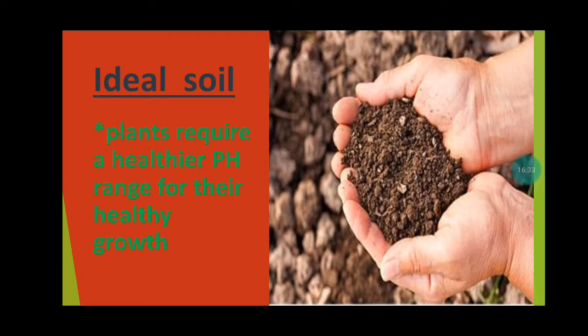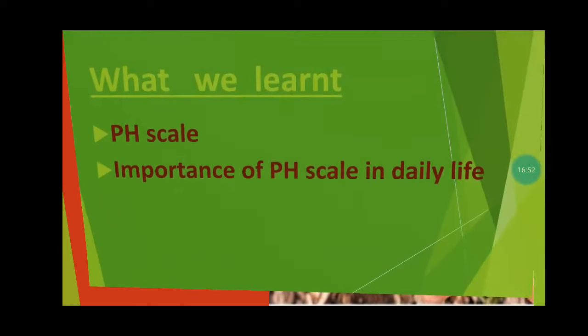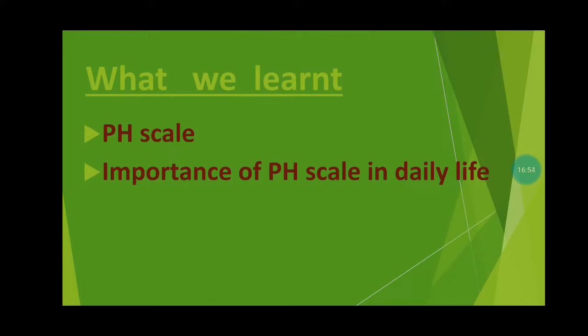If it is basic soil, also the plants cannot grow well. So to test the pH value of soil, it is important to know whether the crops can grow very well in the soil or not. Now, plants require a healthier pH range for their healthy growth.